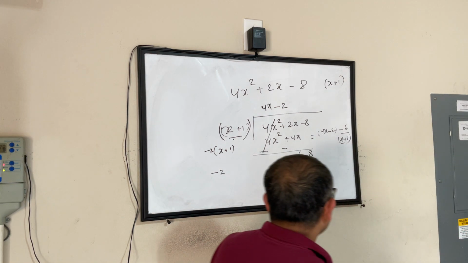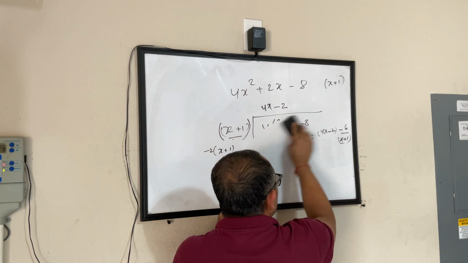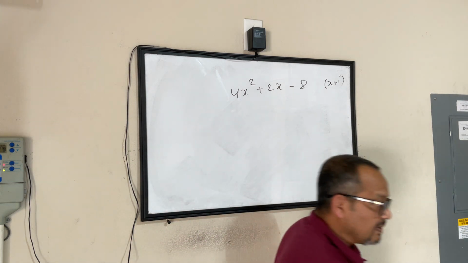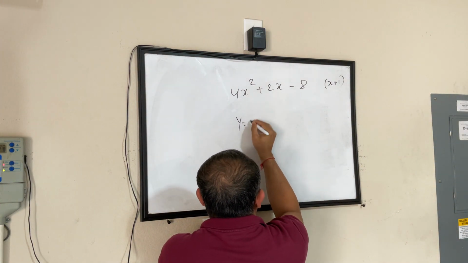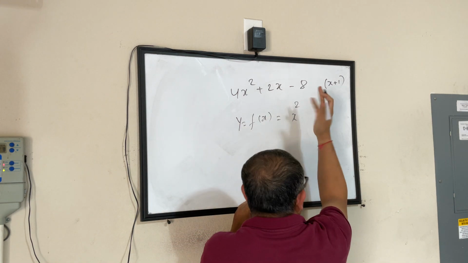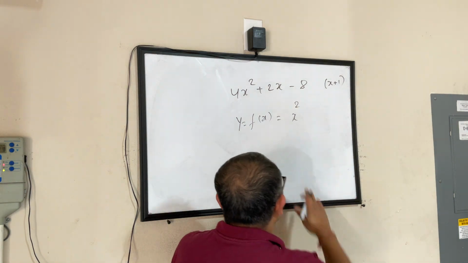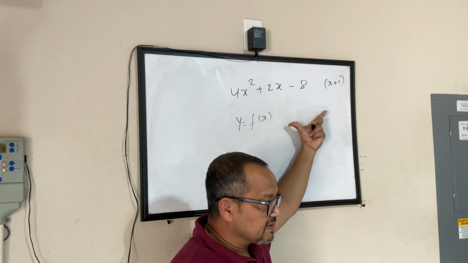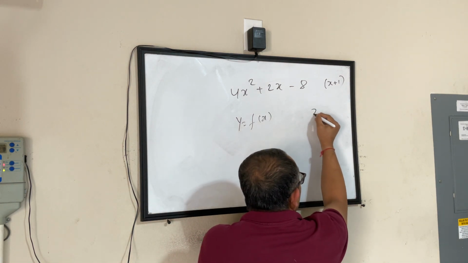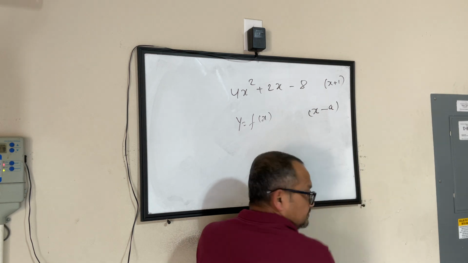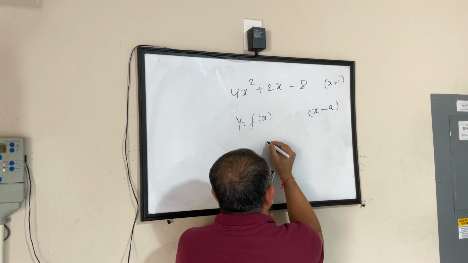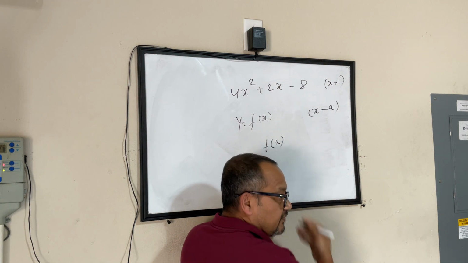Now, the polynomial remainder theorem, which is more like a magical thing, says if you have a polynomial, let's say y equal to f(x), pick up any polynomial, and if you try dividing that by x minus a, you will get a remainder which will be f of a.